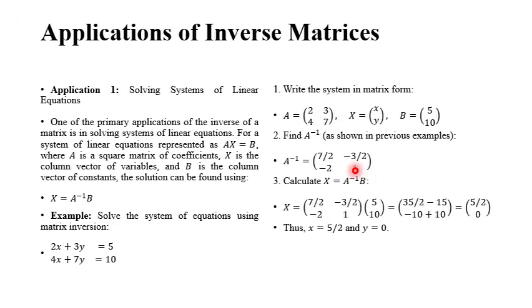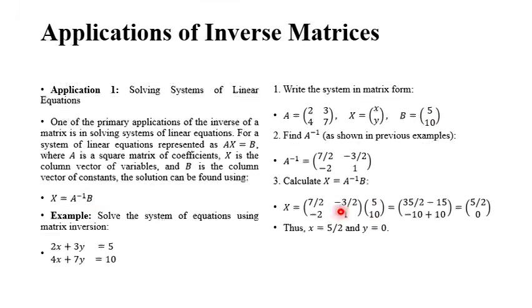So now the solution to this system of linear equations, which has been transformed into matrix form, is x equal to the inverse multiplied by the solution b.